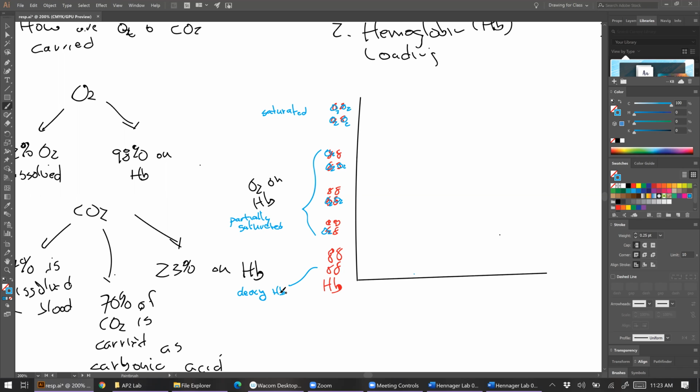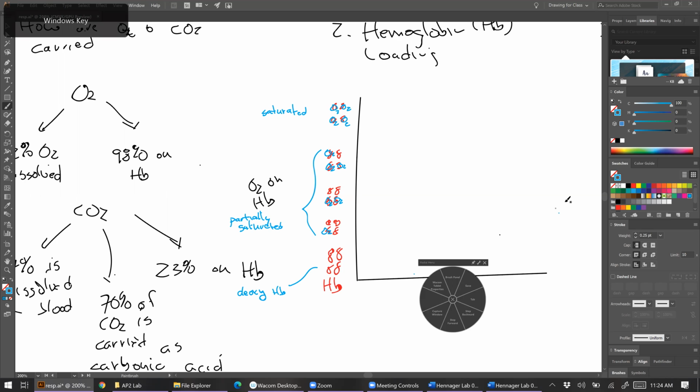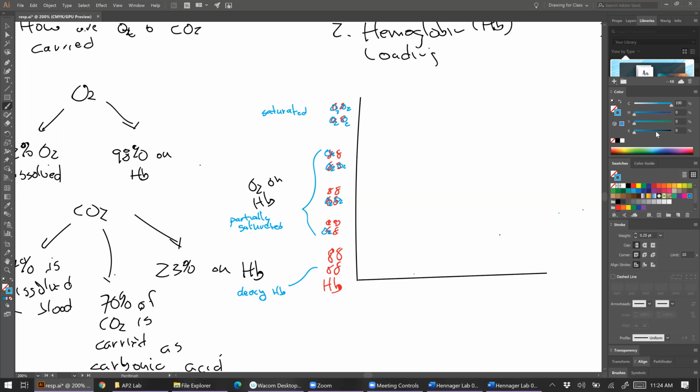The reason we want to draw this graph is because we have 2 levels of oxygen down here. So this is going to be oxygen down here, and we're going to go in millimeters of mercury. And so there's 2 levels that we care about.